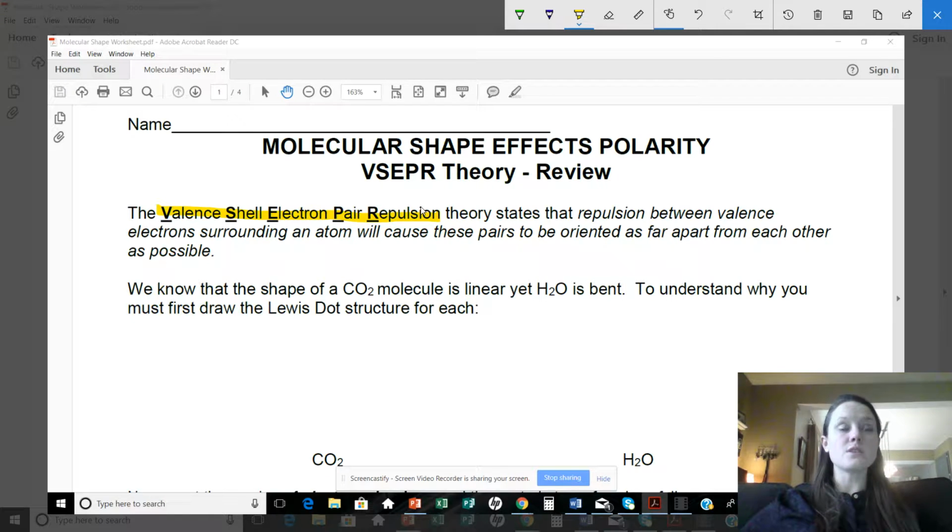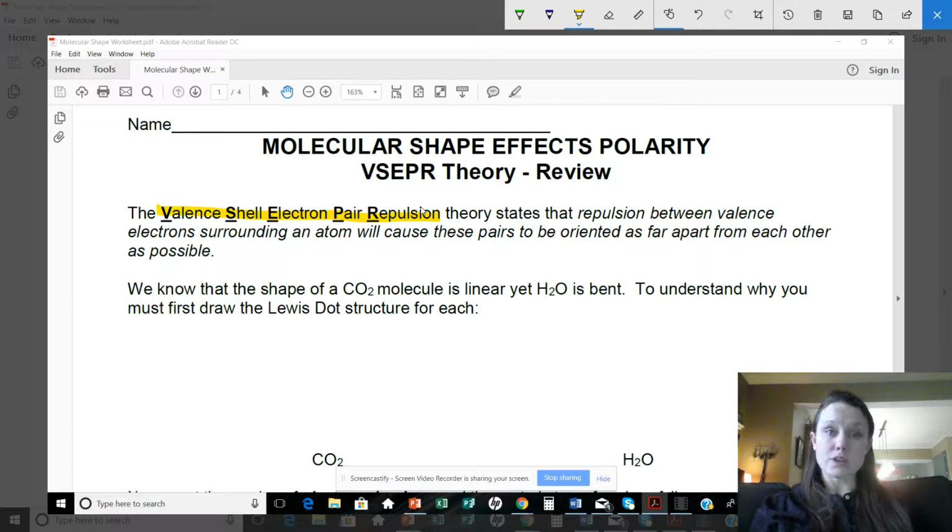Okay, and what that theory says is that in any molecule, if there are free or unbound electron pairs, those electron pairs bend the molecule in predictable ways that give molecules predictable shapes. And so based on the number of free electron pairs surrounding the central atom, as well as the number of atoms bound to the central atom, we can use AX notation to predict what shape that particular molecule will be.